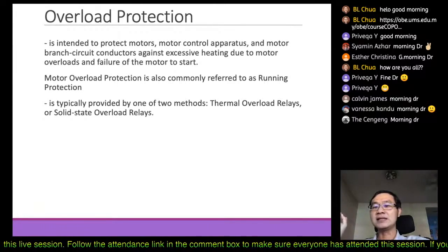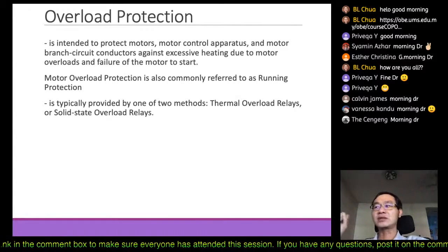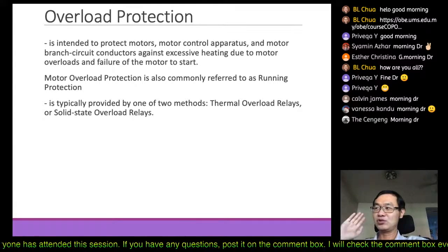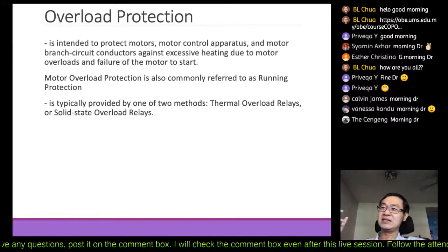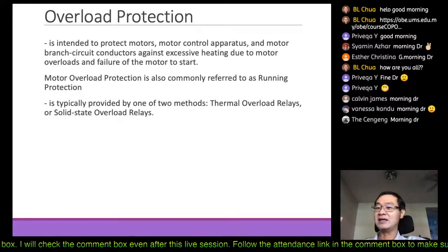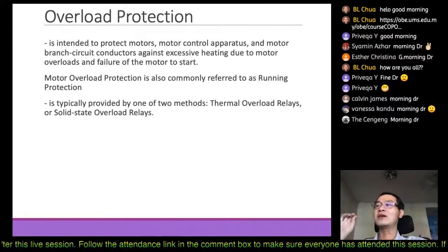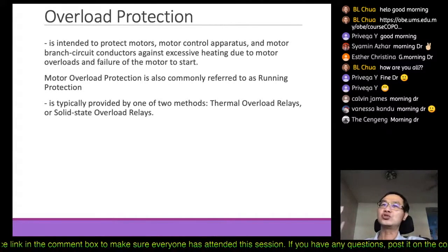So when it is very hot, this protector will start to slow it down, or maybe stop it directly, meaning the motor may catch fire. That's why before it happens, or before it burns, this protector will start to cut it off.